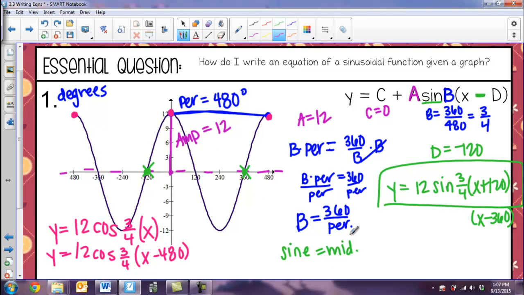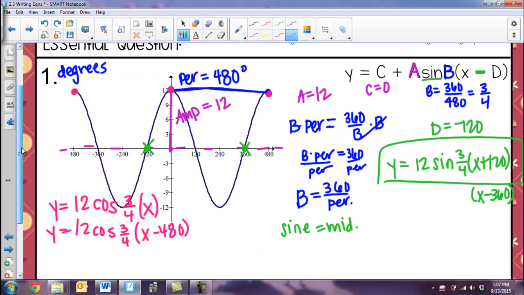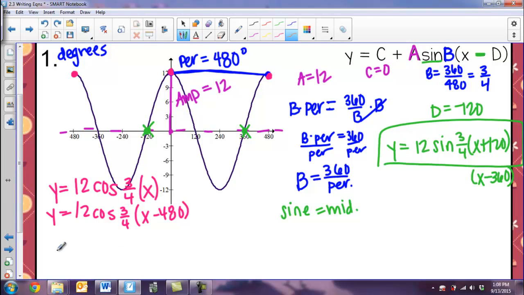So what I want you to realize here is you can have many, many, many correct answers. The other thing we could do, just to totally blow your mind, is we could write these as negative functions. If I was looking for a negative sine graph, for instance, if I put a negative 12 in front, we know that sine usually starts at a middle and goes up.